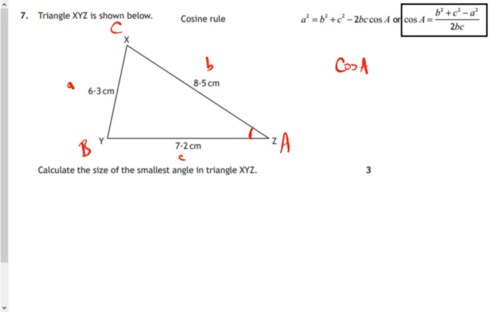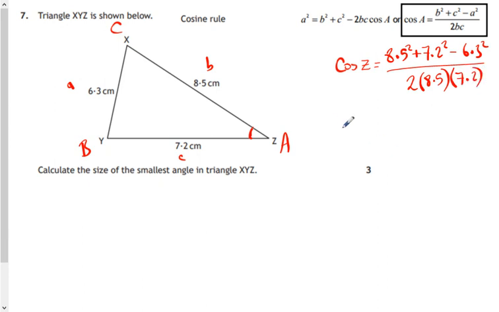cos A, or in this case cos Z, is going to be equal to 8.5 squared plus 7.2 squared minus 6.3 squared, all over 2 times 8.5 times 7.2. Now, we can work all that out and then take the inverse cos of it, or we can do that in one step and we get that z is equal to the inverse cos of that function.